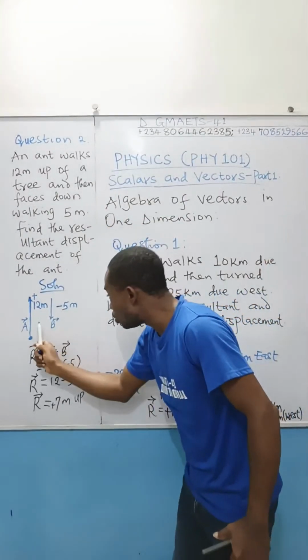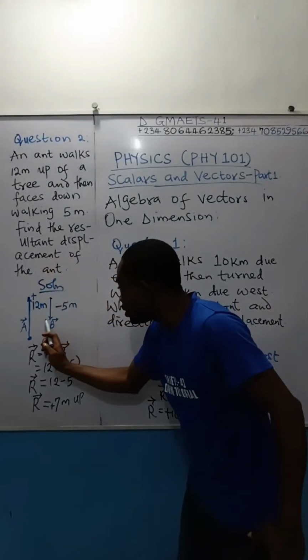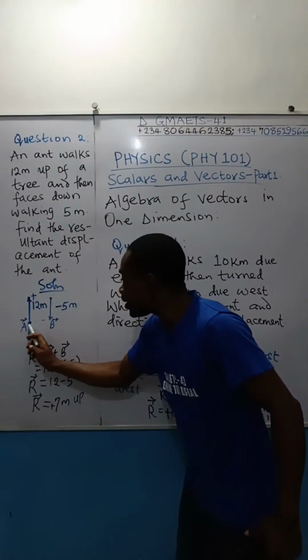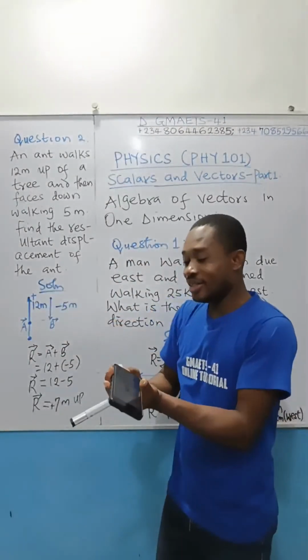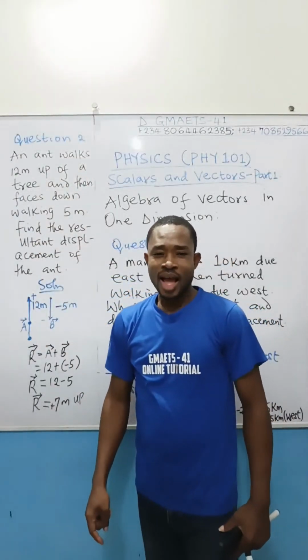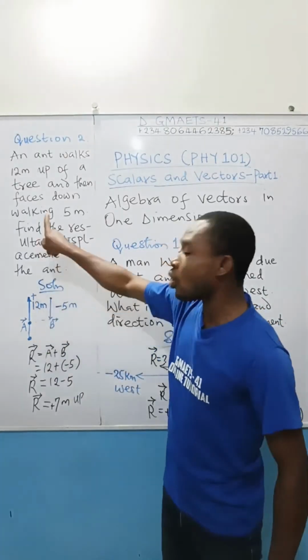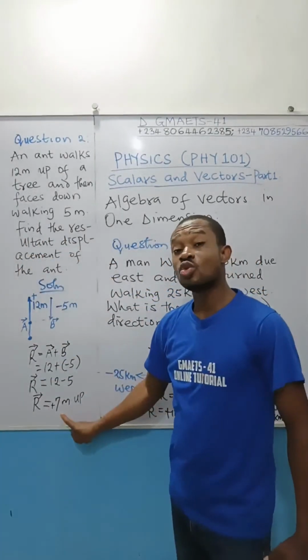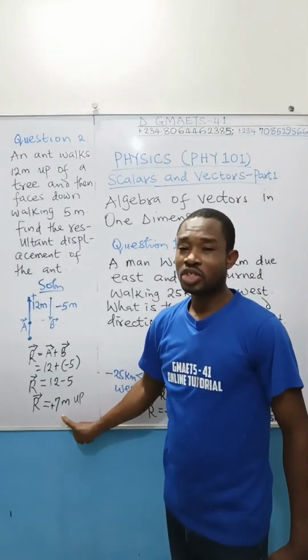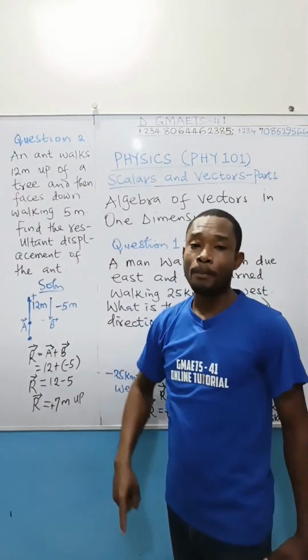If I said from here to here is 5, it means that the ant would be somewhere here. So the ant is still within the range of the upward movement. Am I communicating? Because the ant is still within the range of the upward movement, this will be positive, showing that although the ant has faced down, its direction is still up.